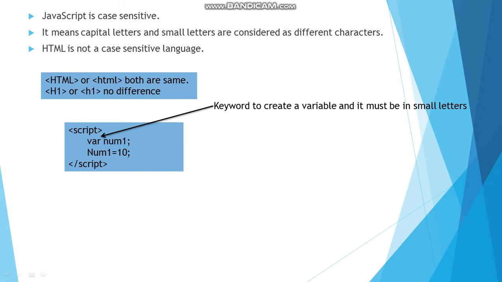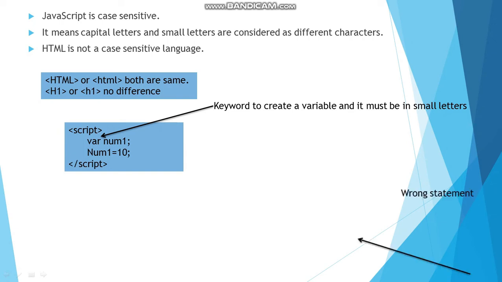Now num1 is the name of variable and it is our own variable, so doesn't matter how we give the name, either in capital or small, both are accepted. But remember, here we have given num1 in small letters, so we have to use it in small. So in the next statement it is given Num1 is equal to 10.